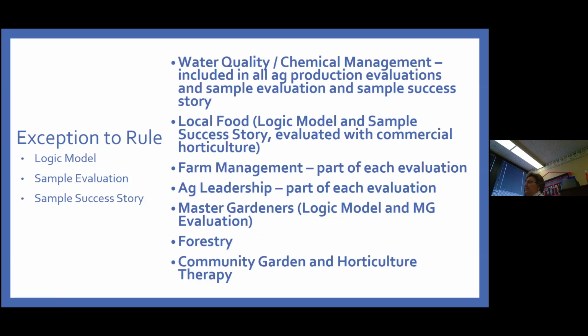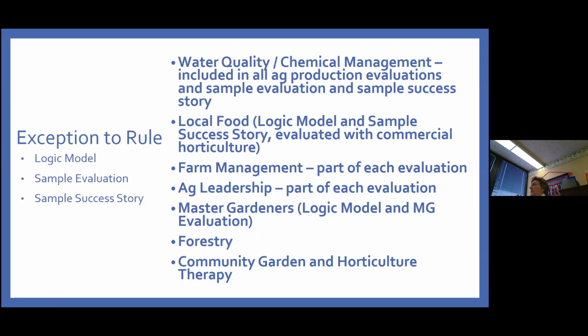Now, there's some exceptions to the rule of what I just said. Water quality and chemical management are included in all the ag production evaluations for you, and they have sample evaluations and sample success stories simply for water quality and chemical management. So you can have them separate, or you can include them in other areas. It's up to you. The local foods information are part of the evaluation.